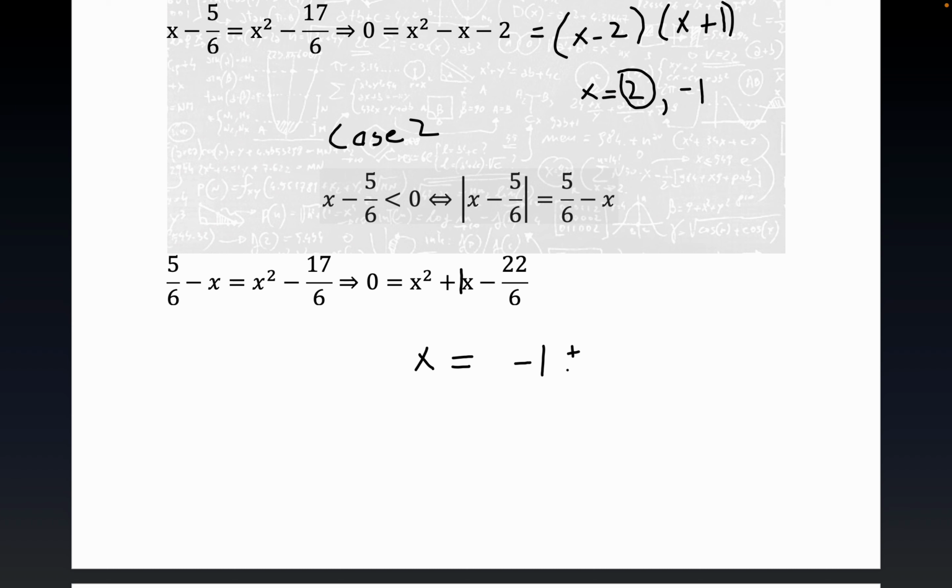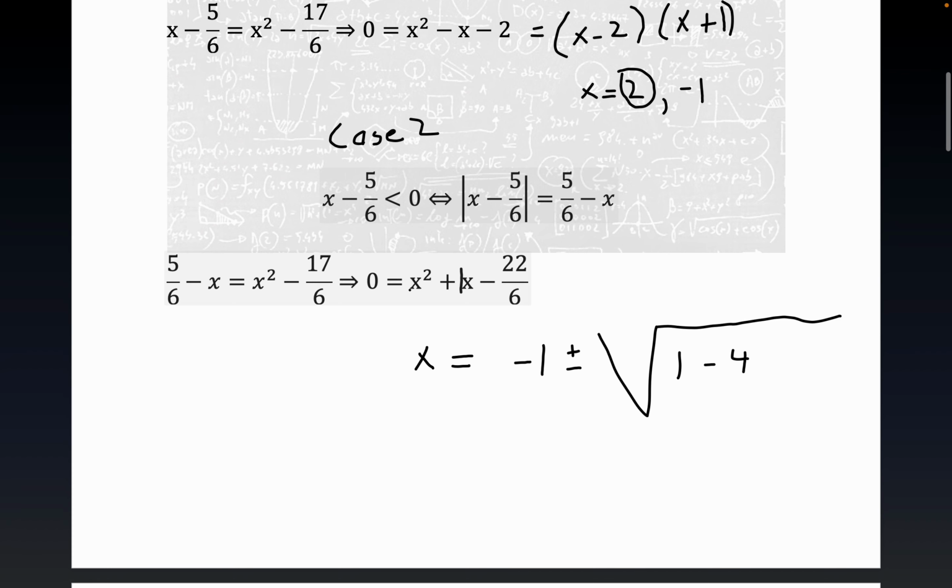You could complete the square here, I guess, if you wanted to. Now, b squared is going to be 1, and then you're going to have minus 4ac. So I'll just go ahead and write this down, minus 4.